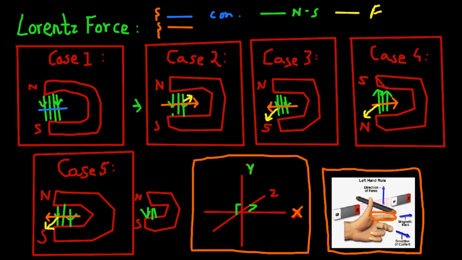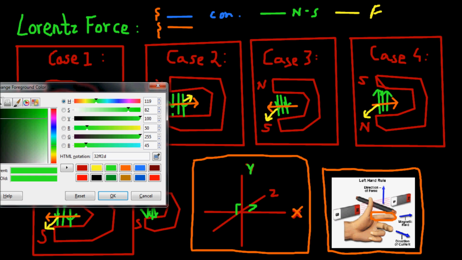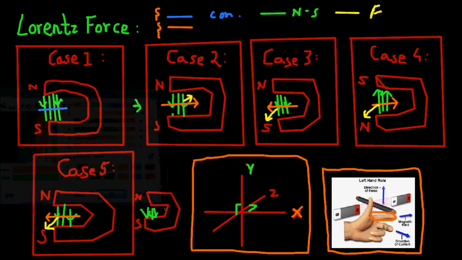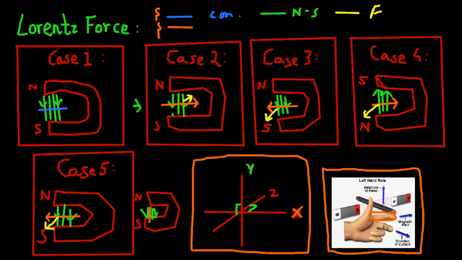Say you have a current conductor placed exactly parallel, downwards. That means it's not cutting any of the green lines, and that cutting of the green lines is called magnetic flux. Since there's no magnetic flux, the force will be out of the picture totally.